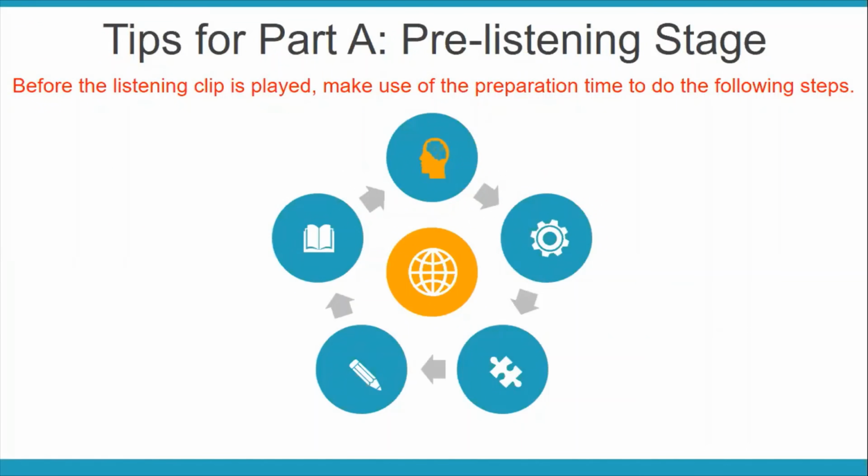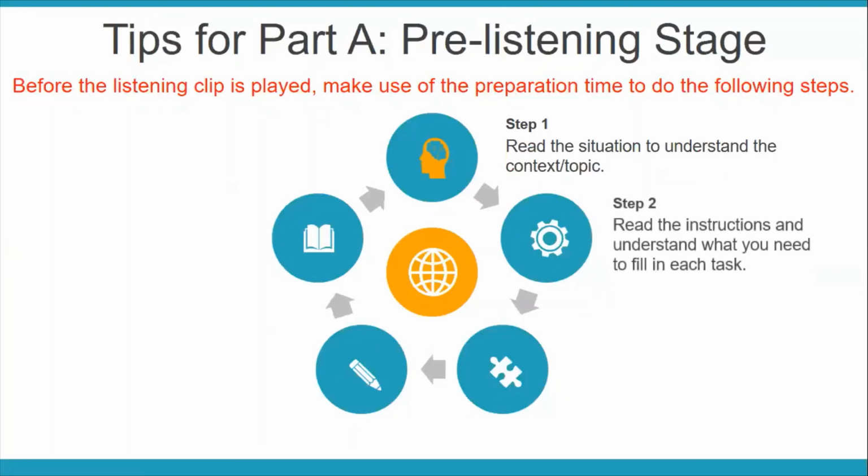In this slide, I'm going to give you some tips for Part A in the pre-listening stage. Before the listening clip is played, make use of the preparation time to do the following steps. Step 1, you should read the situation to understand the context or the topic. In step 2, you should read the instructions and understand what you need to fill in each task.